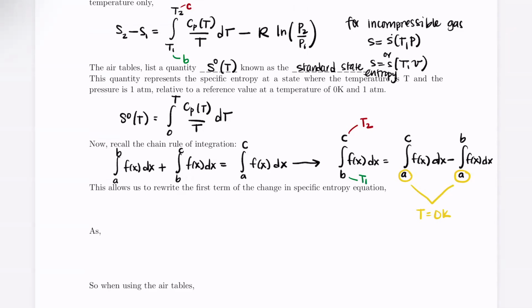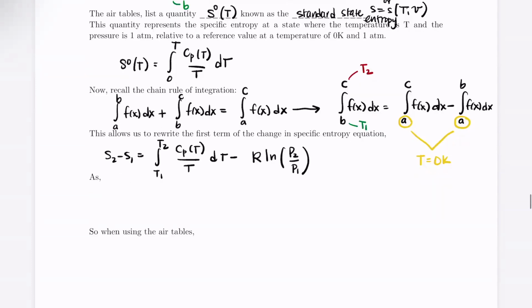All right, so we can rewrite our entropy equation in the following way. Since we had S2 minus S1 is equal to the integral from T1 to T2 of Cp, which is a function of T, divided by T dT, minus R natural log of P2 divided by P1, we can rewrite this as follows.